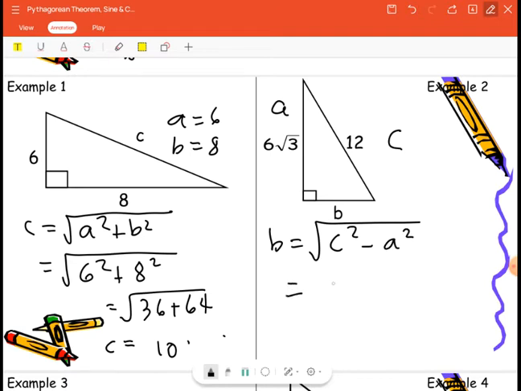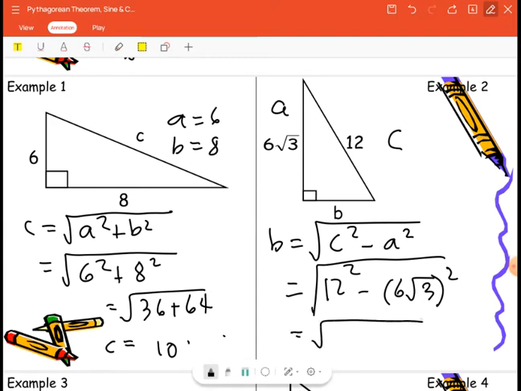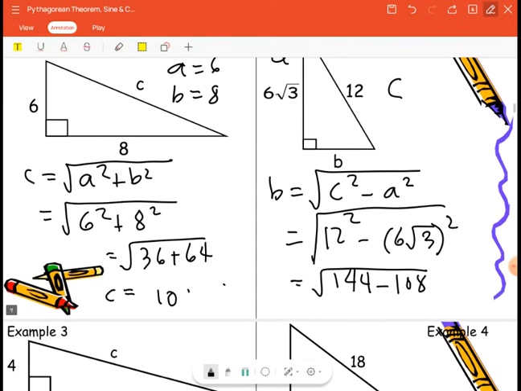Ang C natin ay 12 squared minus the square root of 3 squared... by calculator, makukuha nyo kaagad siya. That is equal to 144 minus 108, yung B natin, square root of 36, or that is equal to 6.